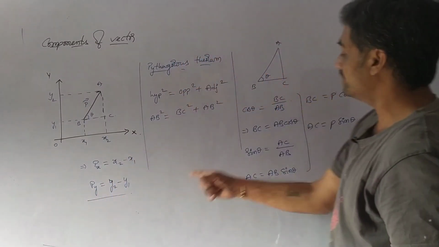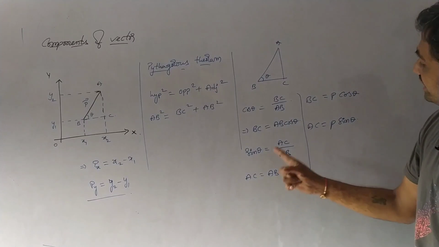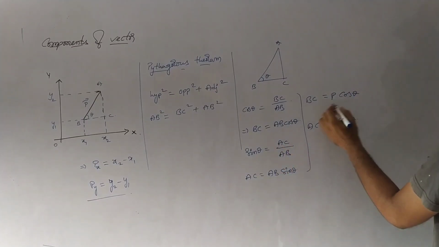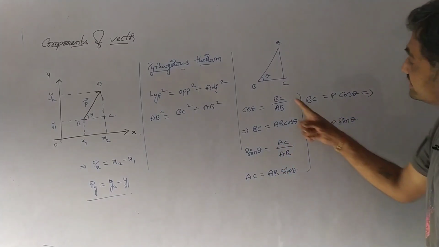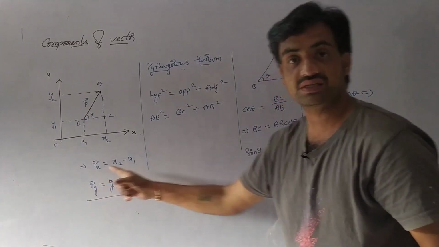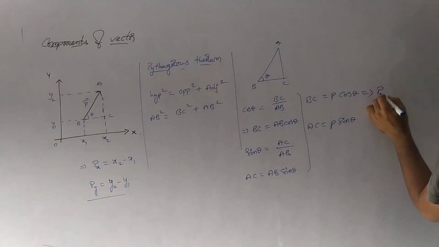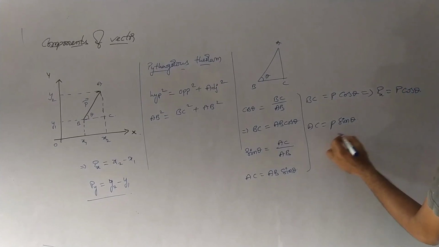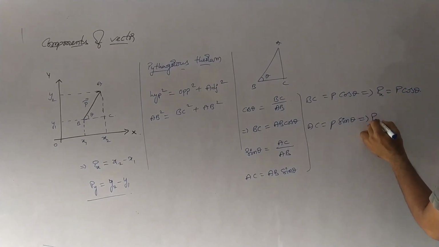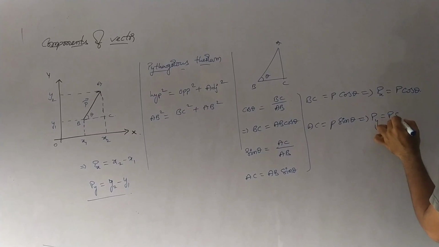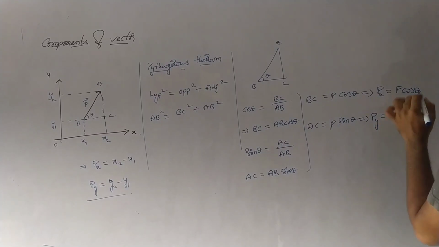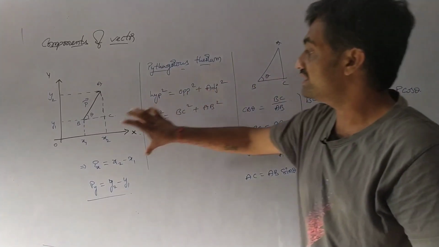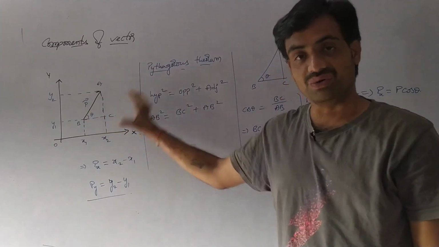So BC is nothing but P suffix x, and AC is P suffix y. From these equations, P suffix x equals P cos theta and P suffix y equals P sin theta. In this way we can resolve the vector into components.